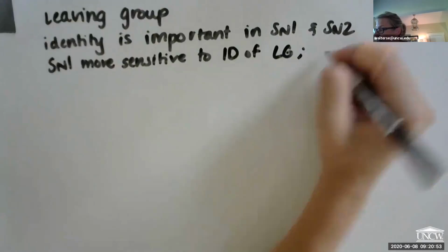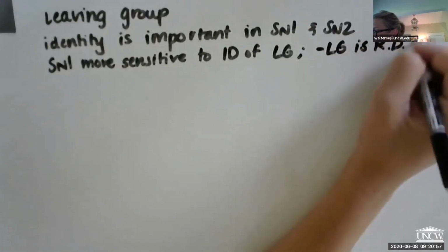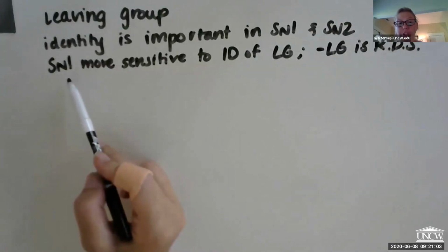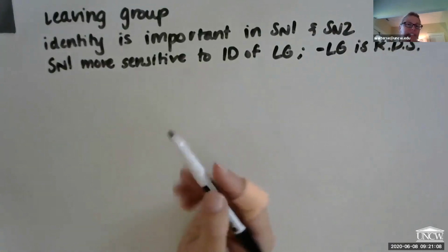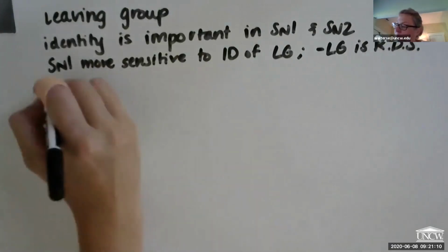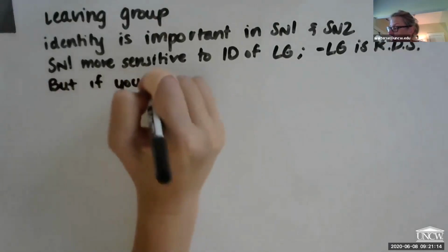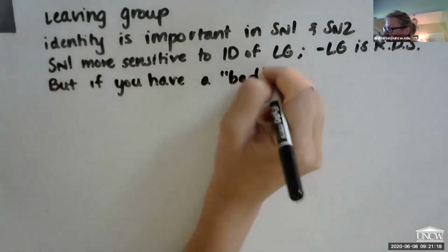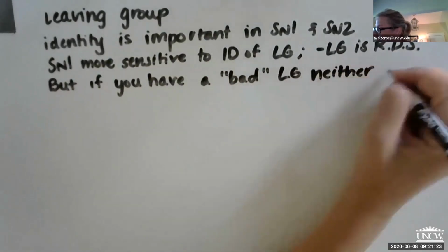And that's because the loss of the leaving group is in the rate determining step. Okay, so that is the formation of the carbocation is the slow step in this reaction. So SN1s are more sensitive to the identity of the leaving group. But if you have a bad leaving group, neither reaction will proceed.